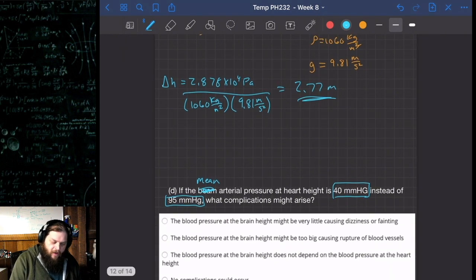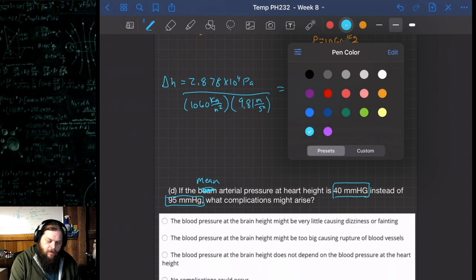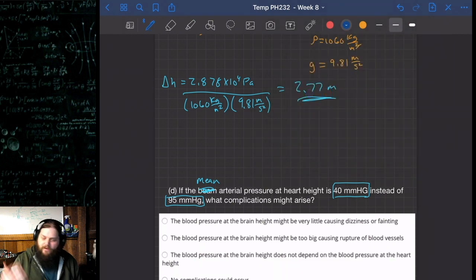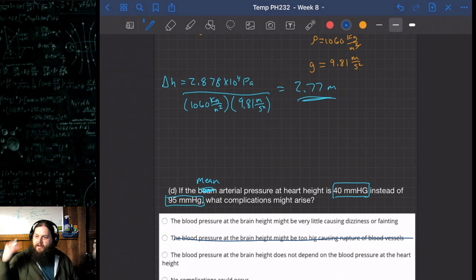So looking at the options here, the first one's the blood pressure at the brain height might be very little, causing dizziness or fainting. That's a good possibility because it will definitely be less. So you've cut the blood pressure from the heart down to less than half. Second option is the blood pressure at the brain height might be too big, causing ruptures of blood vessels. I don't like that option because we've already said the blood pressure should be lower at the brain height.